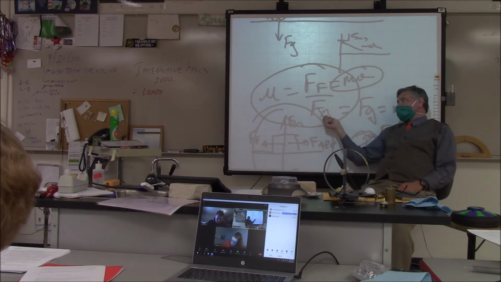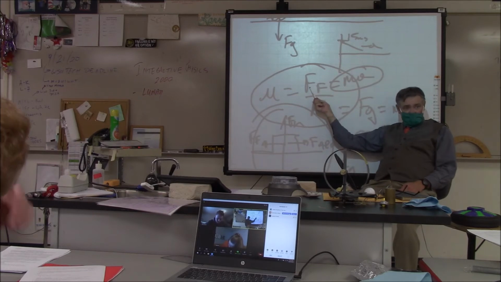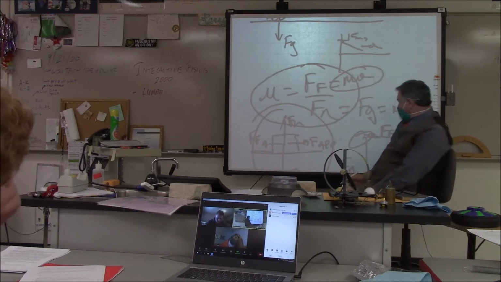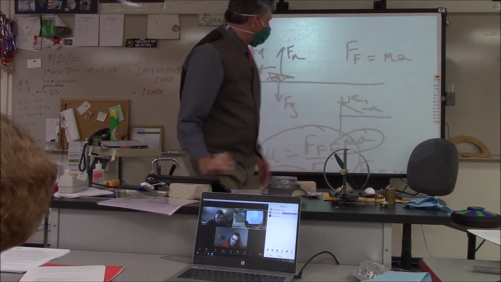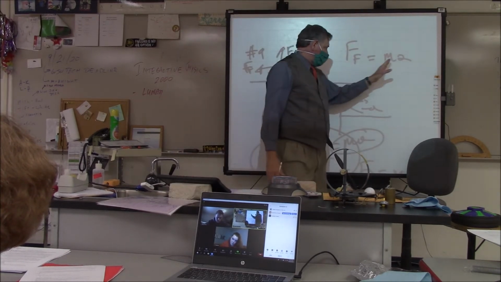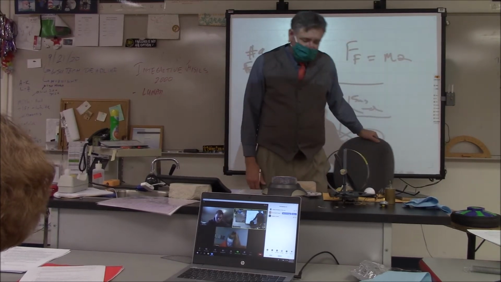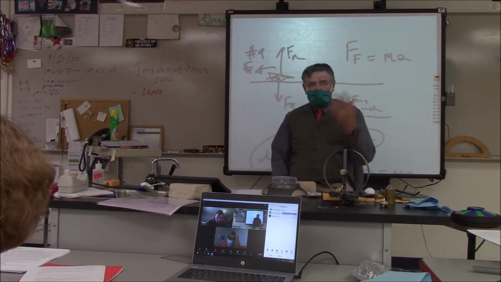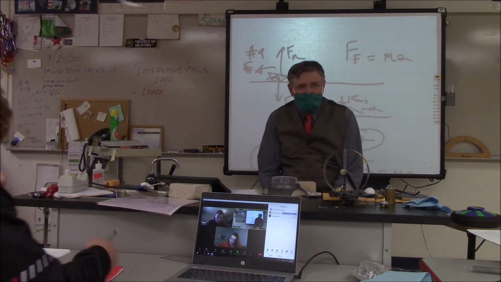So if you know the force normal and you know mu, you can multiply mu by force normal and get it that way. And the last one is what Jennifer asked for at the beginning: you can multiply mass by the acceleration that it causes. So either pull it, or use mu, or use mass times acceleration.